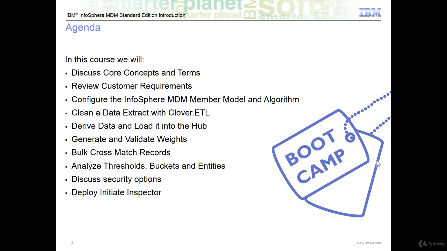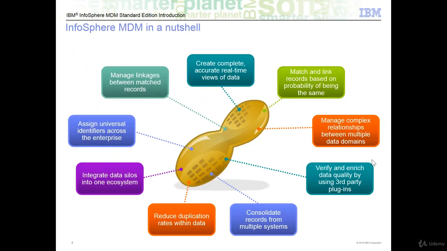Now, starting with the introduction to the InfoSphere MDM Standard Edition project. Combining all the features of InfoSphere MDM, it manages linkages between the merged records, and it creates a complete, accurate, real-time view of data, matching and linking records based on the probability of being the same.